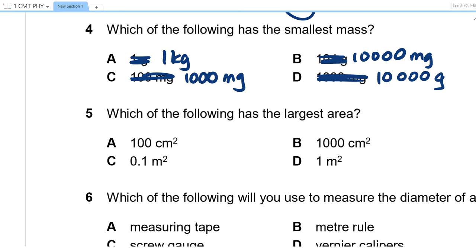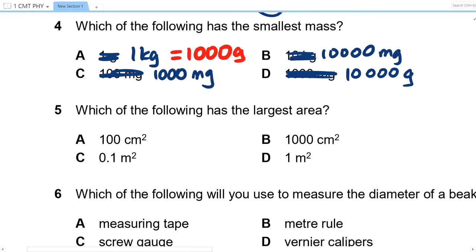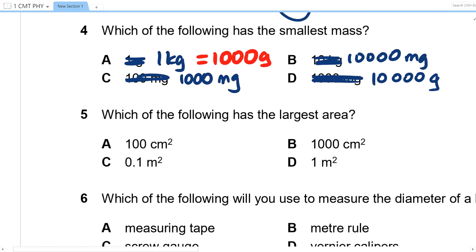Everything has different units. What do you want to change them to? Your choice. You want to change it to grams? Okay. 1 kilogram equals 1000 grams. Right? So now I've got another two to decide. How much is a milli actually?